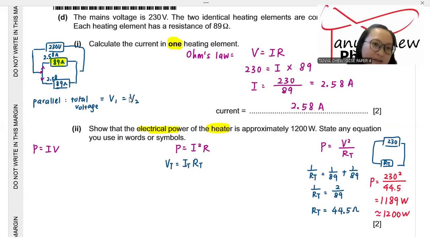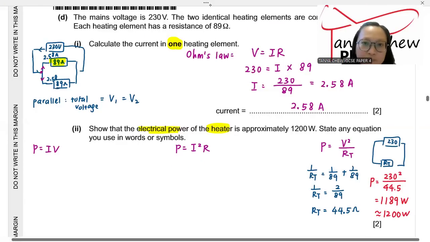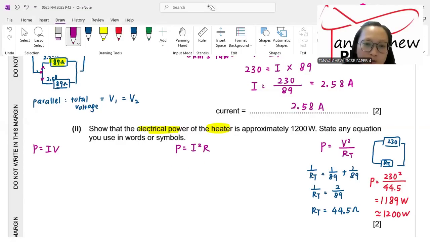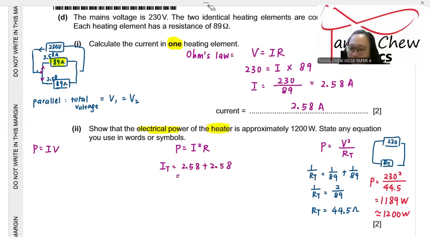When you combine, the total current is the current coming out from the mains voltage before the current is split equally into the two 89 ohm heating elements. You can just add it up. So I total would be 2.58 plus 2.58, which gives you 5.16 ampere.